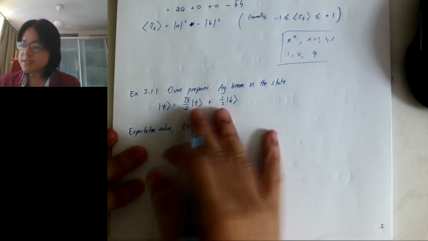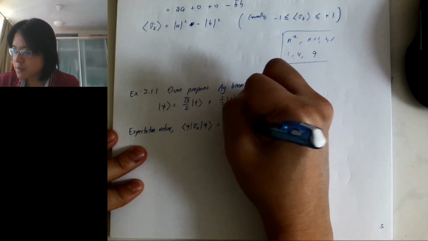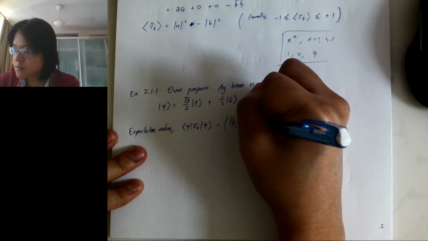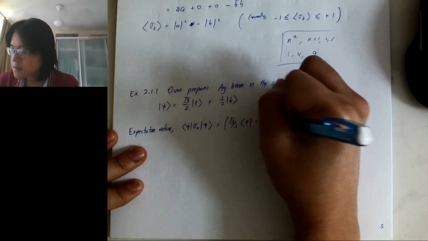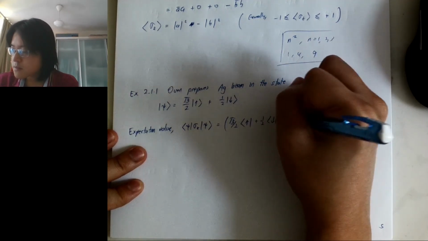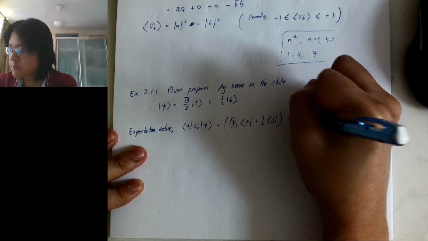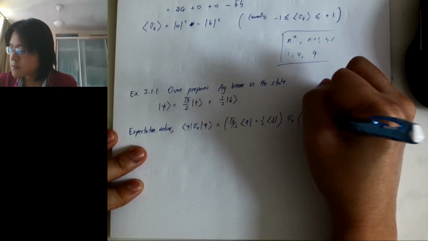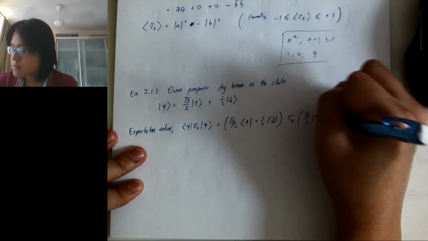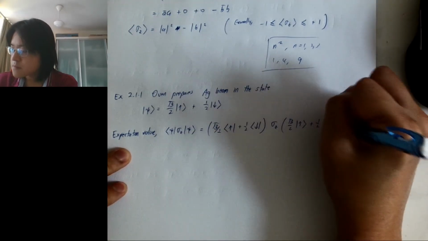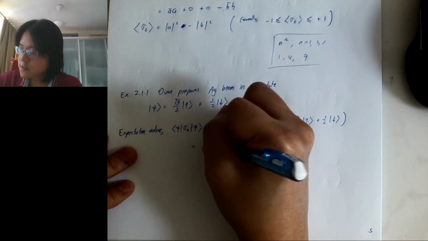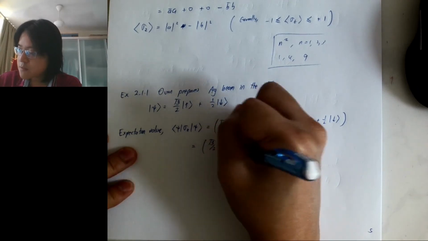Okay, so these are real numbers, so I turn this into the bra, still the real number, right? And then my sigma z operates to here. So the bra, let me keep the same for now.